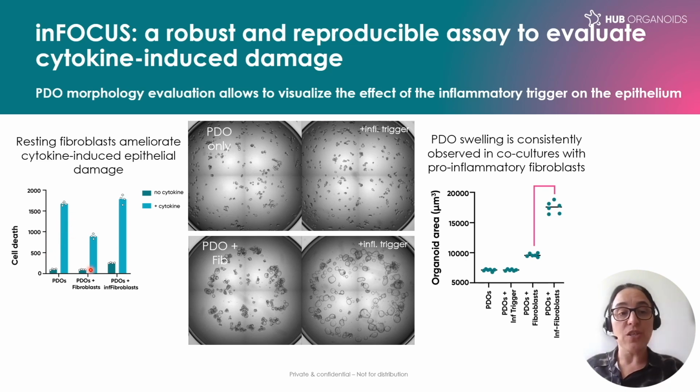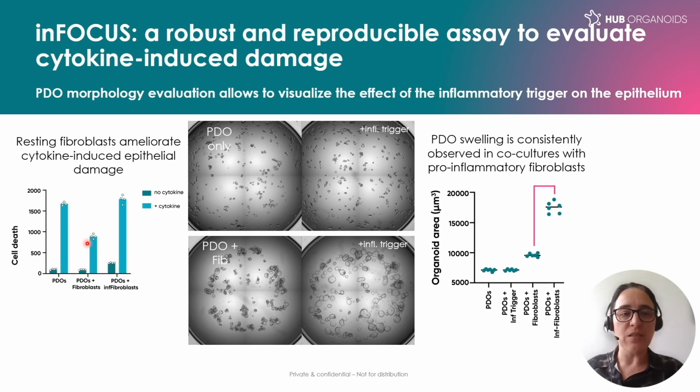And in this condition where the organoids are cultured with fibroblasts, I just need to remind you that we don't have the cytokine damage to the epithelium, but still, with these normal fibroblasts, we see a protective effect.